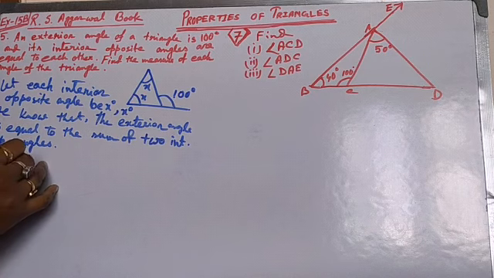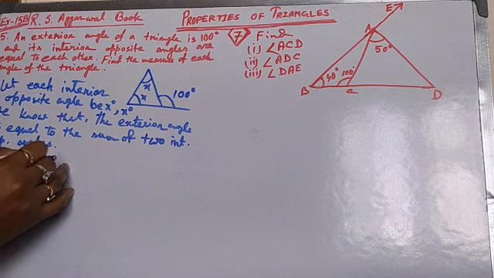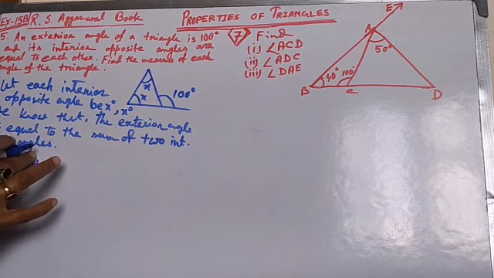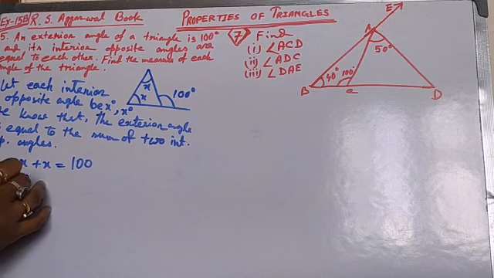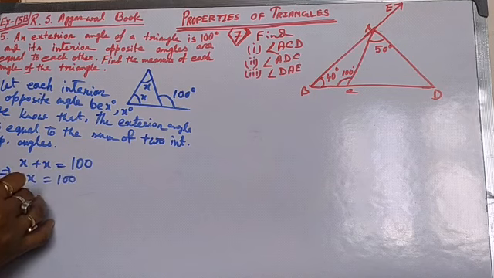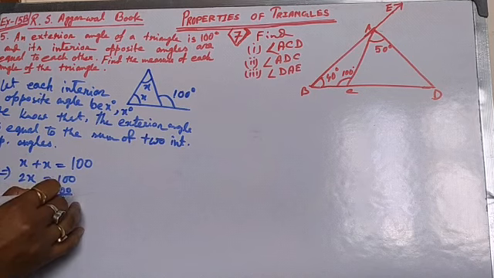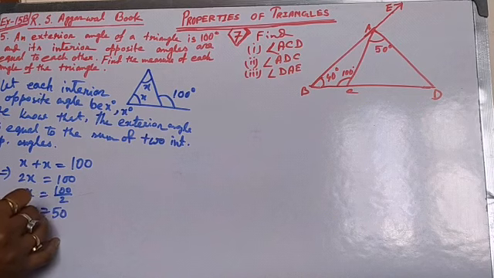That means x degree plus x degree equals 100. That means 2x equals 100, x equals 100 by 2, that means 50. So x equals 50.